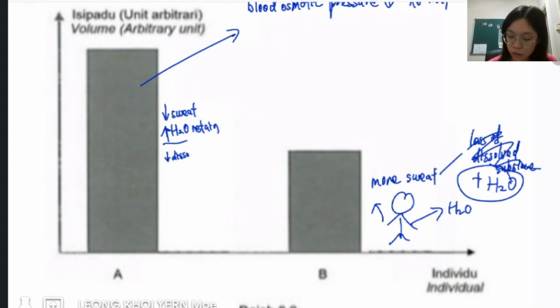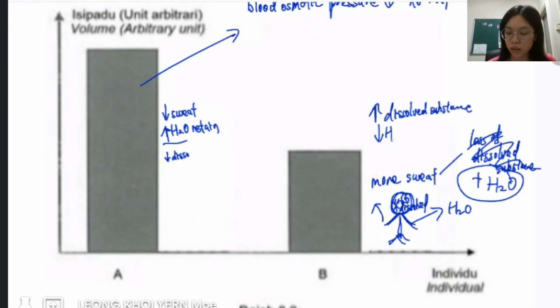So your body content right now has less water and higher dissolved substance. Higher dissolved substance in your body. When you have higher dissolved substance in your body and less water content in your body, it means your blood osmotic pressure is very high, higher than normal range.